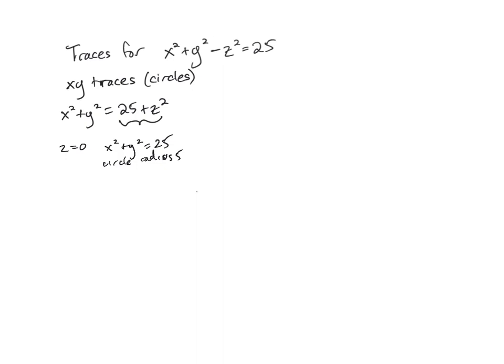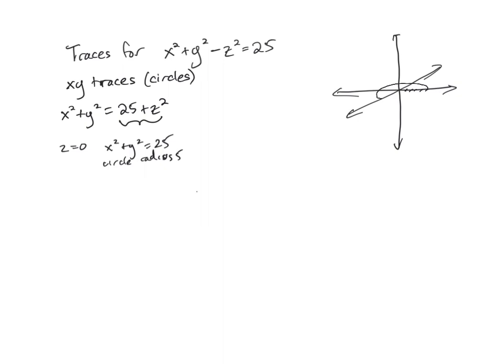If I use increasing values of z, then I increase the circles. So I can basically picture that on the 3D plane as, when I'm on the coordinate plane itself for xy, a circle of radius 5.